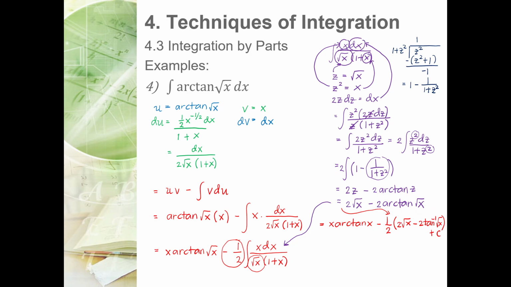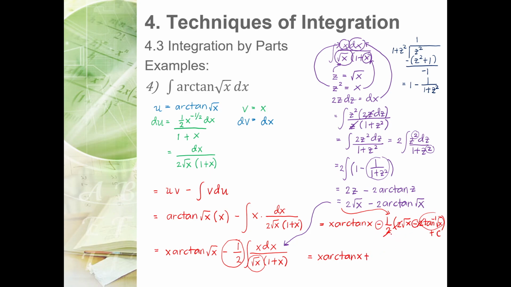So expanding, by eliminating 2, because 1/2 times 2, then 1/2 times 2. So for the final answer, let's try to arrange it. Arctangent x, then using this term here, we have plus, because minus, then minus.